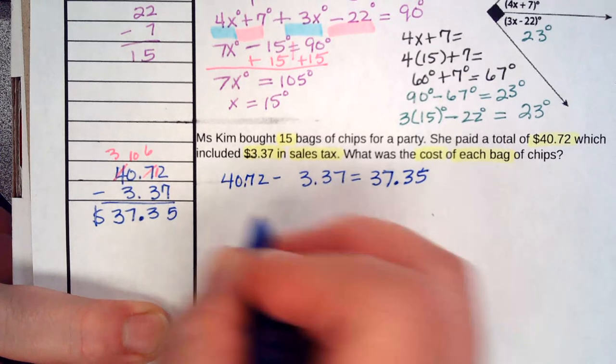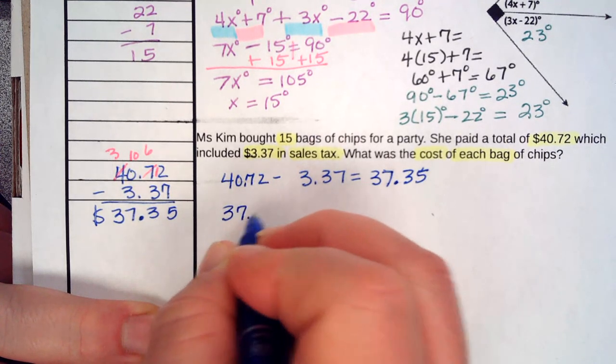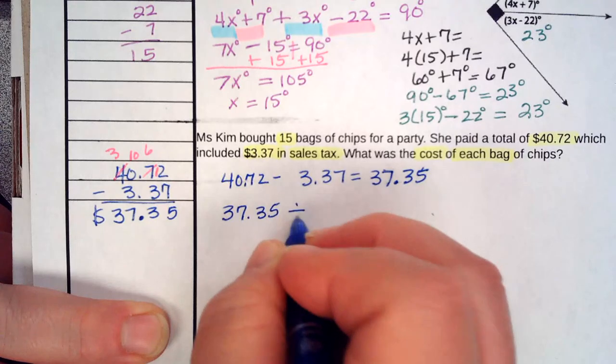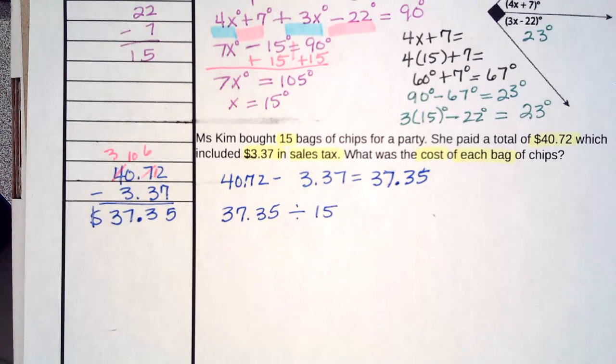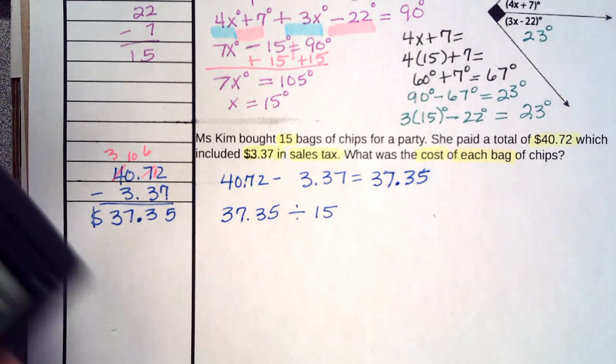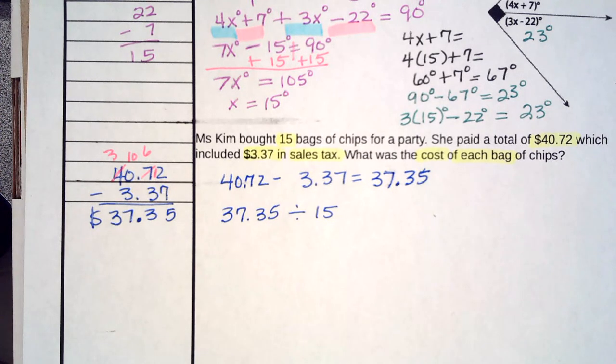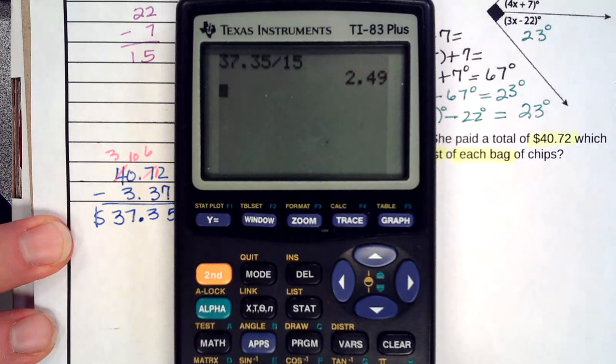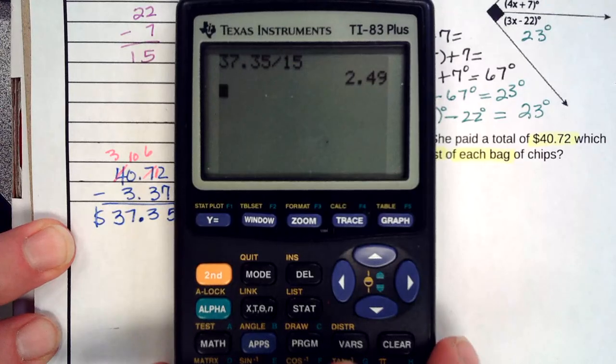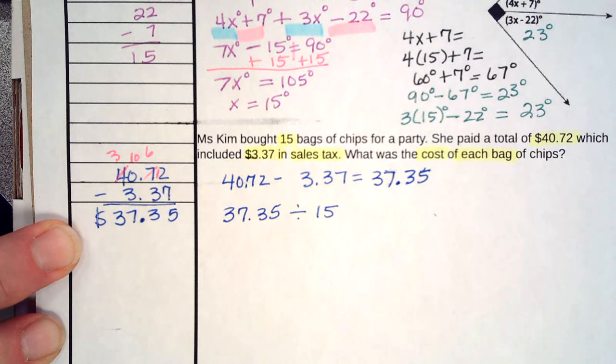Well, division would be the correct answer. 37.35 divided by 15. When we do that, we end up with $2.49.